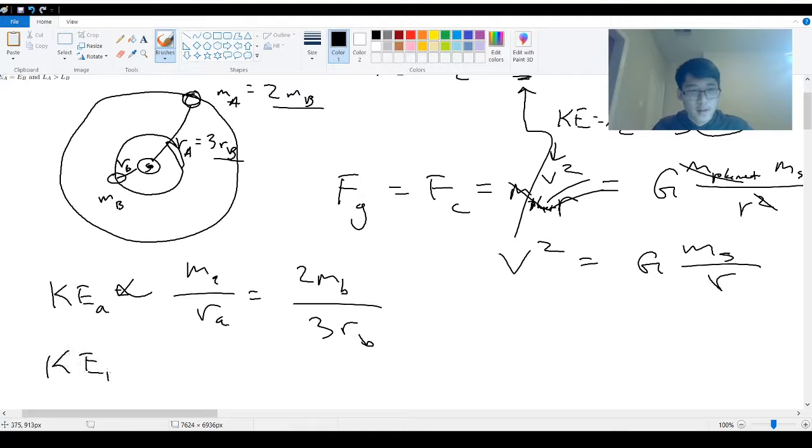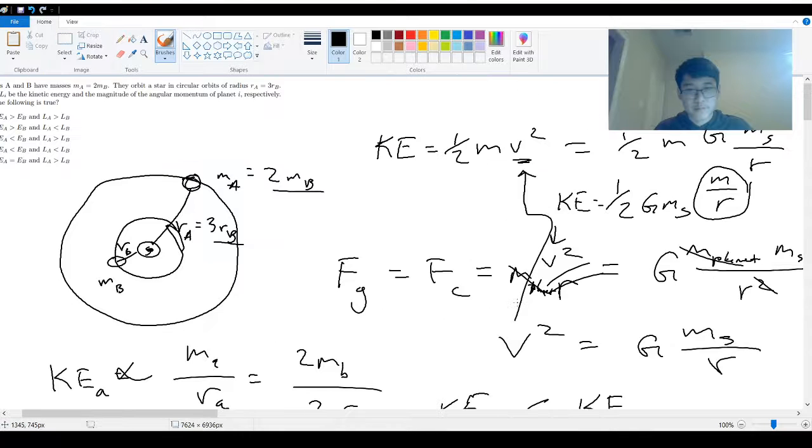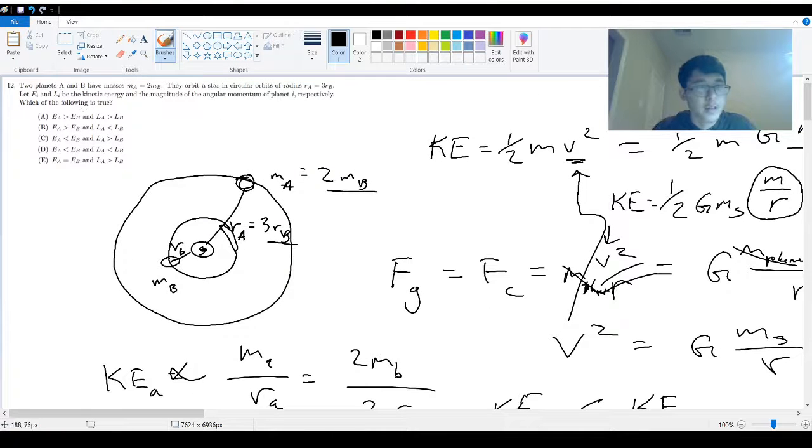And the kinetic energy of B is proportional to just mB over RB. So as you can see between these two, obviously the kinetic energy of A is smaller than the kinetic energy of B. So if we look here, that leaves these two answer choices, okay?